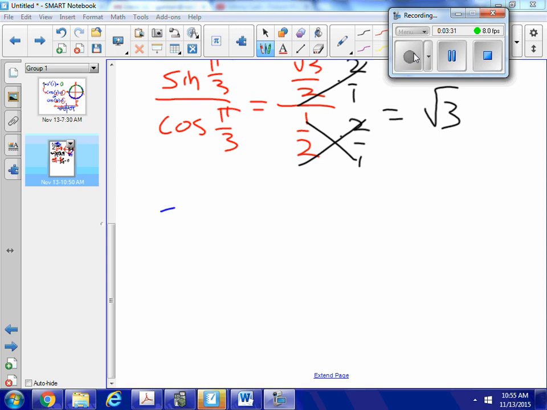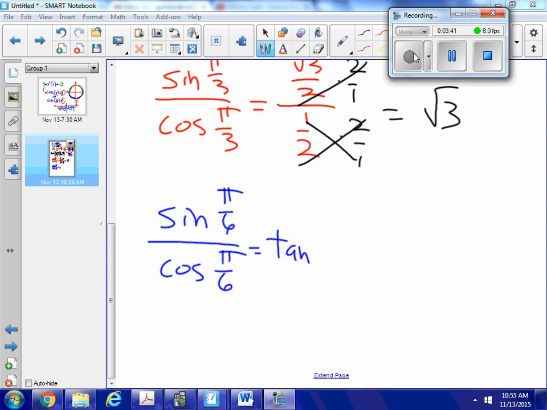So I'm guessing then, by process of elimination, the answer is going to be pi over 6, but I'm going to test it. So I have sine pi over 6 divided by cosine pi over 6, which of course, just for the record here, that's tangent pi over 6. But I'll erase that to continue with the problem. Well, sine pi over 6 is equal to 1/2, and cosine pi over 6 is equal to radical 3 over 2.